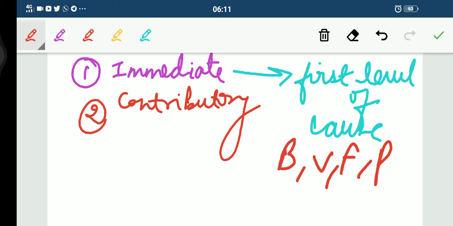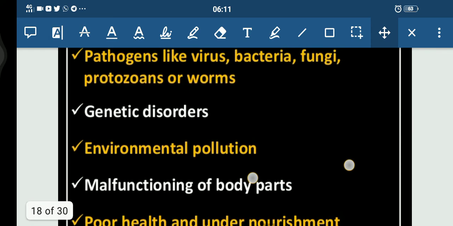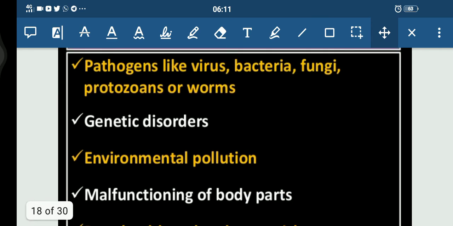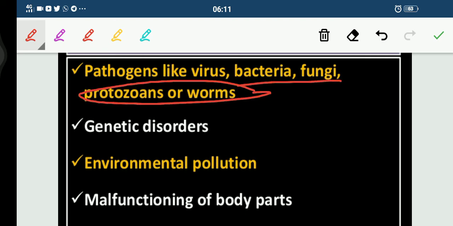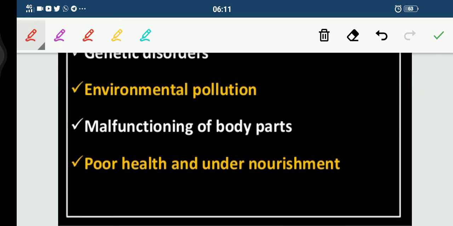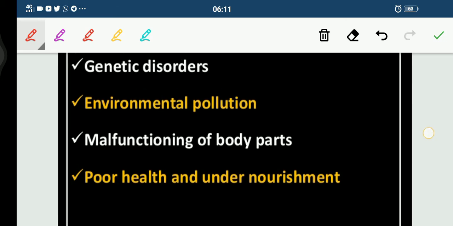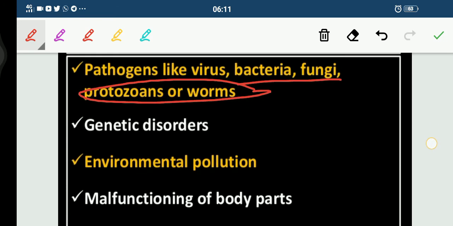Fine. So now we'll be studying the causes. See, causes, children, you all can see here. Pathogens like virus, bacteria, fungi, protozoans, so on, we have discussed this point. Fine. Genetic disorder could be there, environmental pollution, malfunctioning of body parts, or poor health and undernourishment. So, if all these things are there, then a disease can occur.